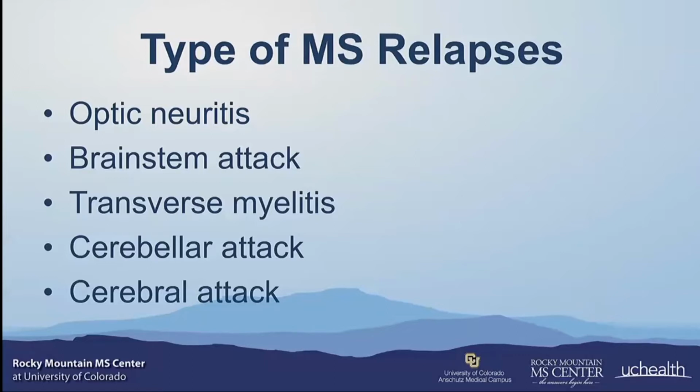Transverse myelitis or an attack of the spinal cord, which can lead to numbness or weakness in the arms or legs. A cerebellar attack, the cerebellum is this part of the posterior or back part of the brain that is responsible for balance and coordination, so those things can be affected. Or a cerebral attack, which might affect things like language or cognition, or lead to impaired mobility on one side of the body.